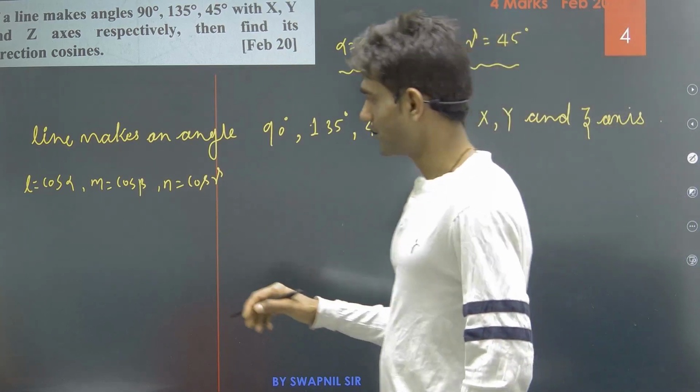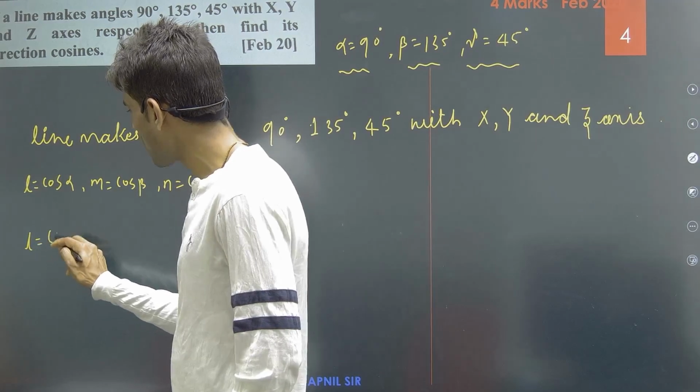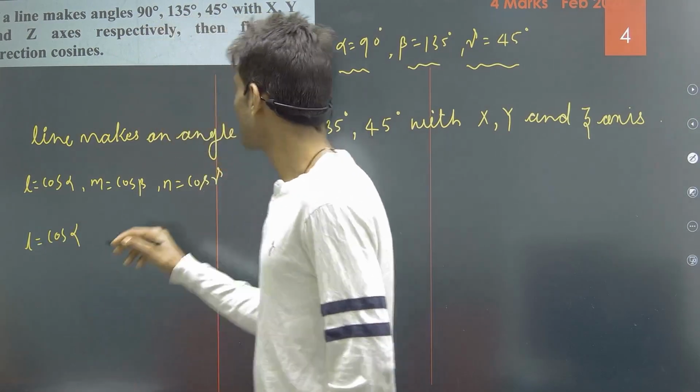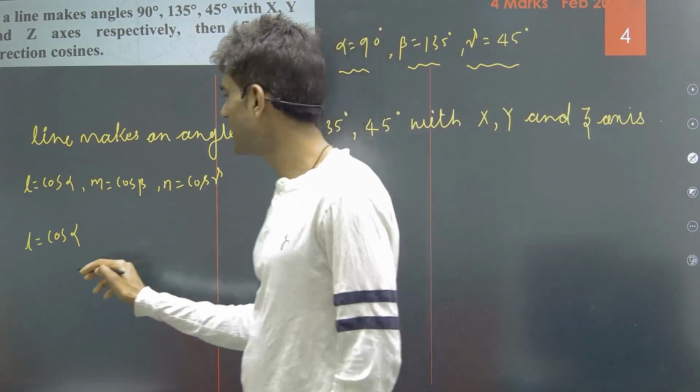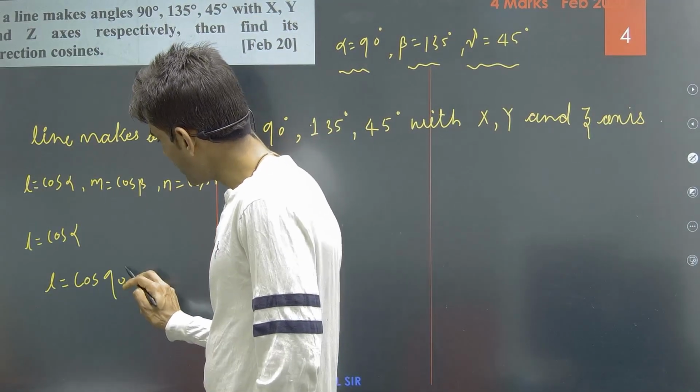Let's go for finding L, which is equal to cos of alpha. As alpha is 90 degree, we can write L equal to cos of 90 degree.